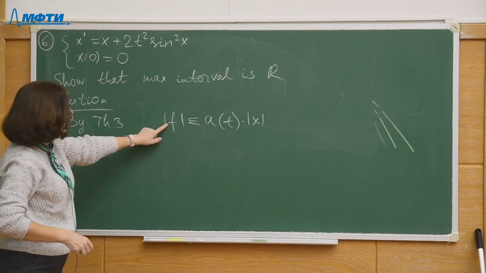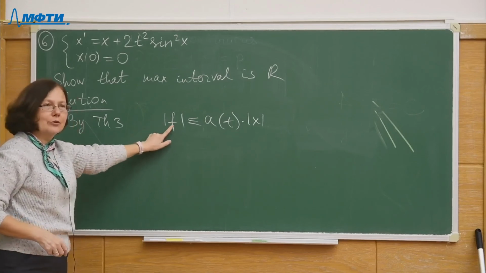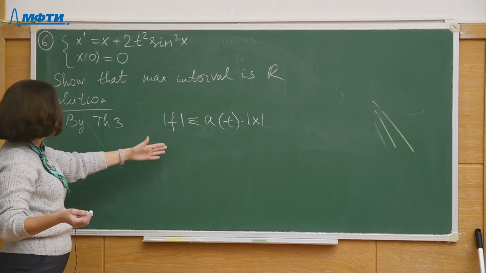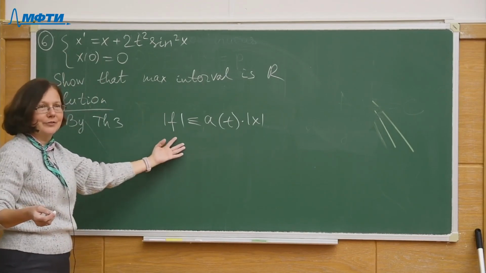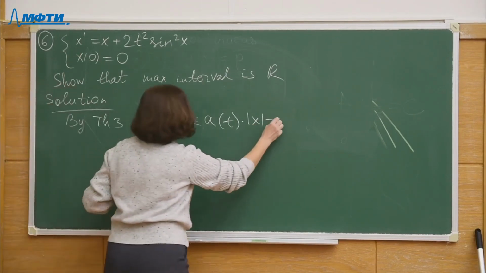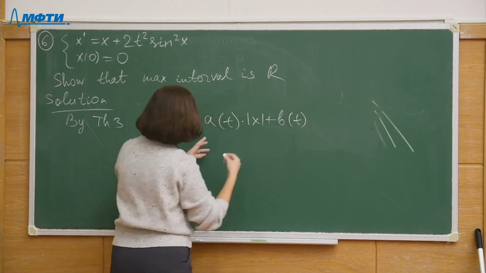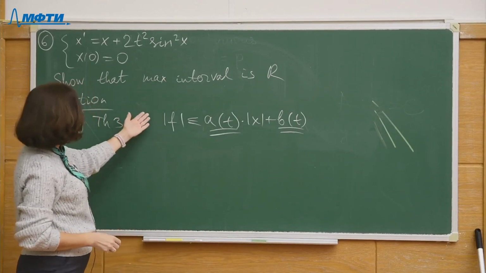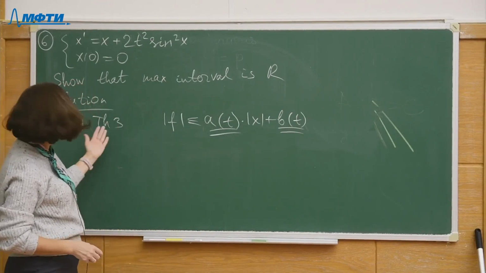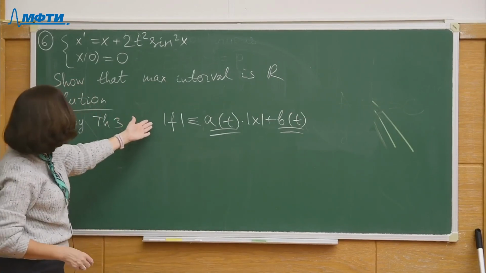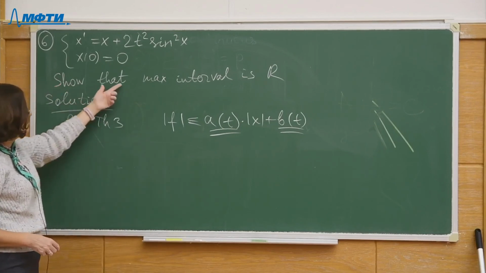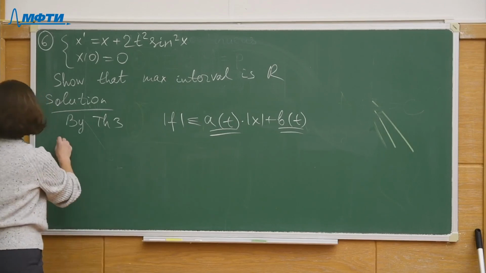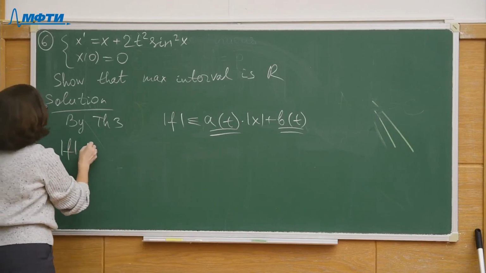I write the absolute value of f because it is the one-dimensional case, so the norm is just the absolute value. Let's try to find a and b. If it is possible, then by theorem number 3 this will prove that the maximal interval is R.